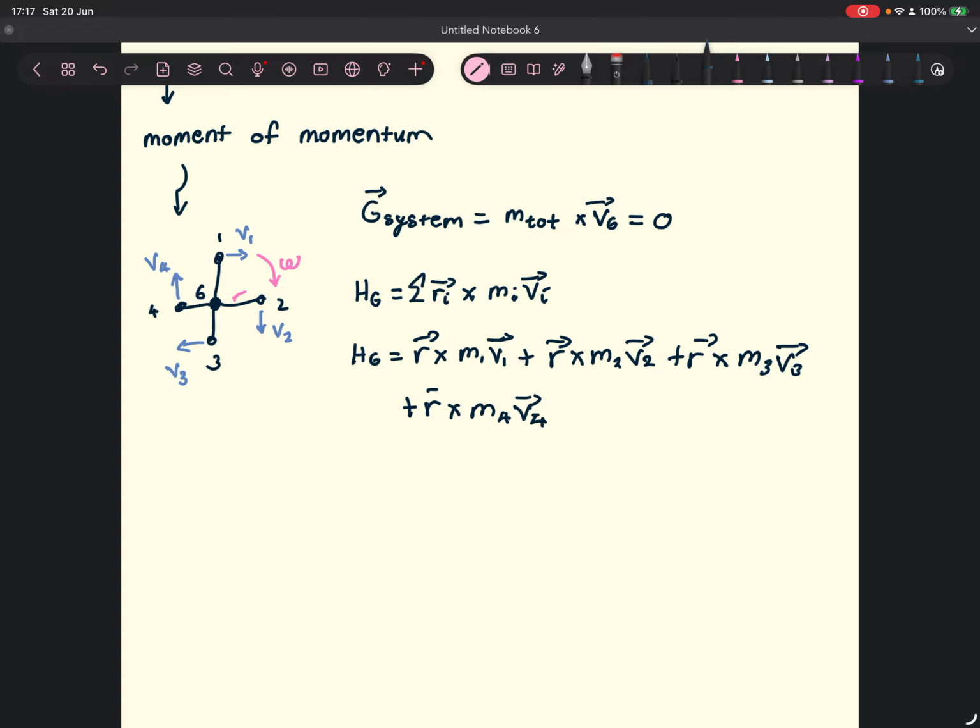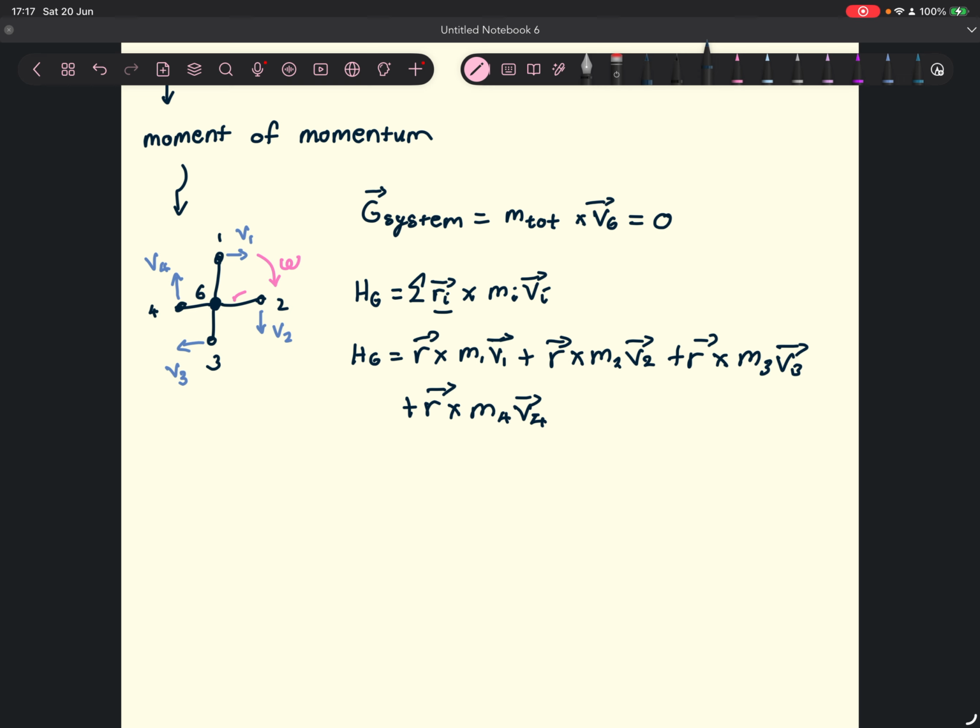Okay, so when it's relative to G, we take the sum of all the particles, the sum of the angular momentums of each and every particle relative to G, right?